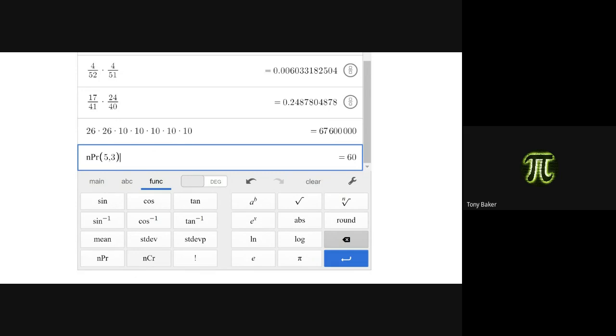Because again, it's basically how many you have and you're choosing how many. So I have 5 choosing 3. So the big number's always got to go first because I can't choose more than I have. Okay, so there is 60 combinations of this.